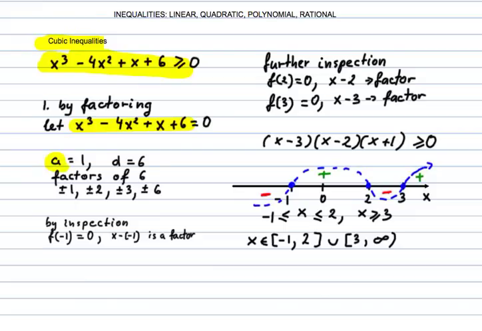Since the leading coefficient is 1, the constant is 6. When you multiply 1 times 6, you get 6. So the factors of 6 are listed here. And the only possible solutions that you will have will come out from these possible values.